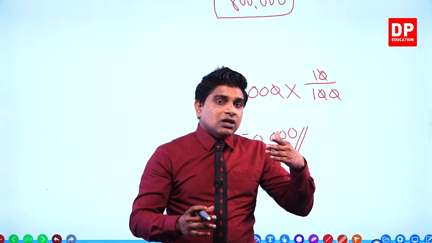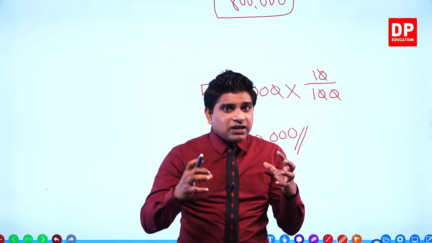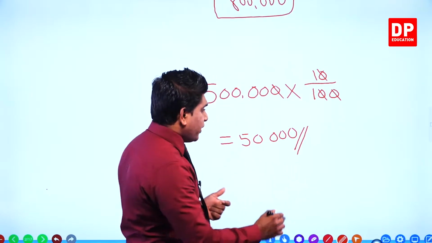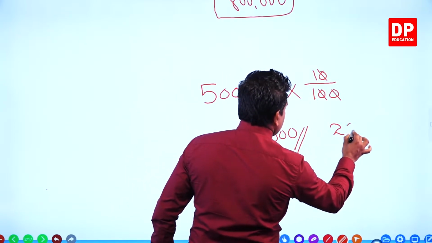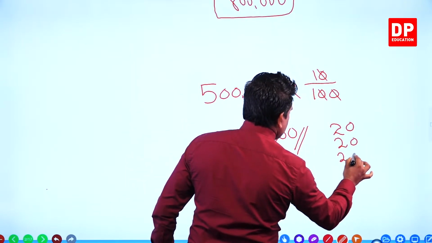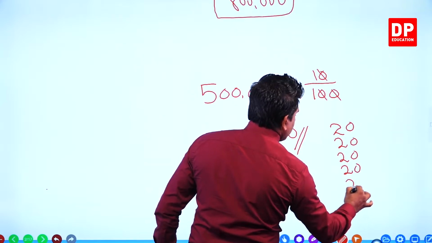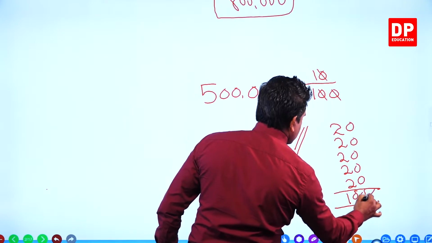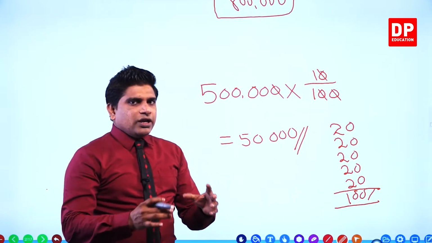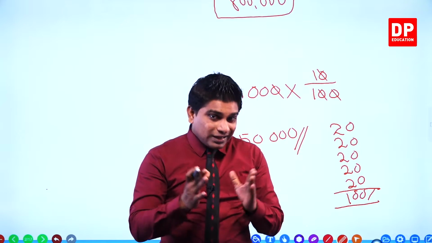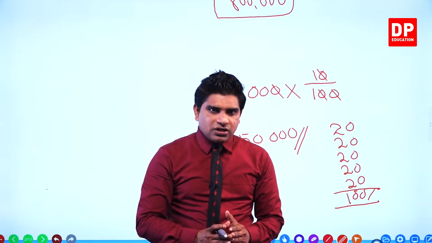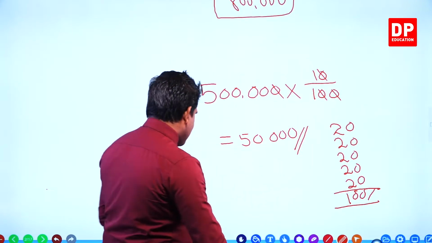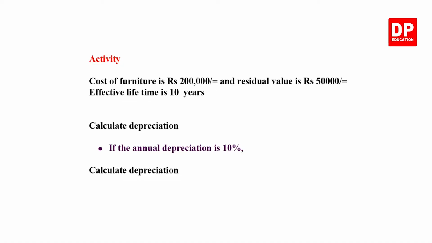If you use 20%, to complete 100%, how many times do you need? 5 times, no? 5 years. 20, 20, 20, 20, and 20. Then the final answer comes 100%, right? So any method when they give, you can calculate depreciation using any method now. Understood? Right. Now you go to the next one.